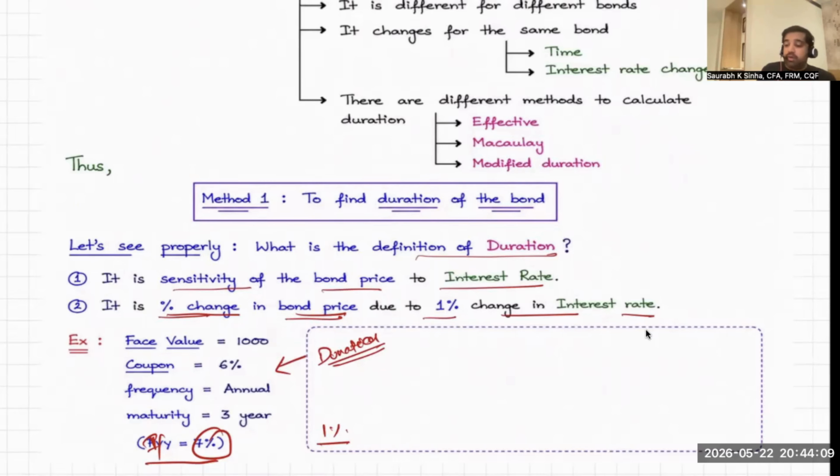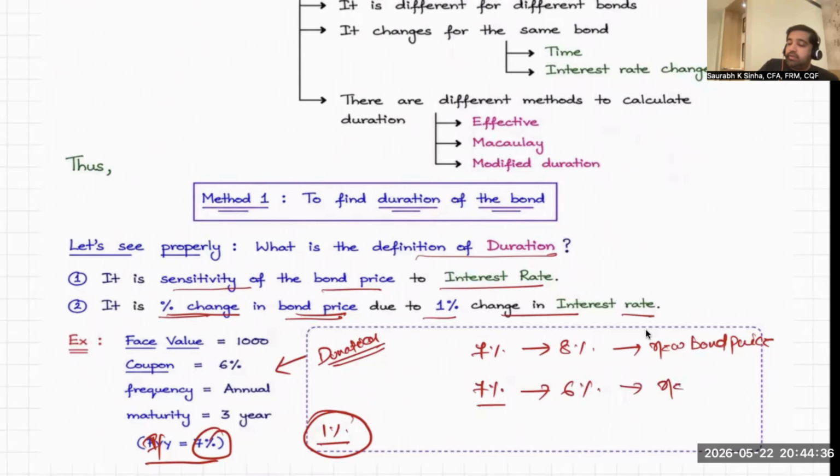The problem number two is if you want to change the interest rate by 1%, you're saying, oh, let's change the interest rate from 7% to 8%. Let's calculate the new bond price. Now, if I say change the interest rate by 1% in the downward direction, then there will be a different bond price.